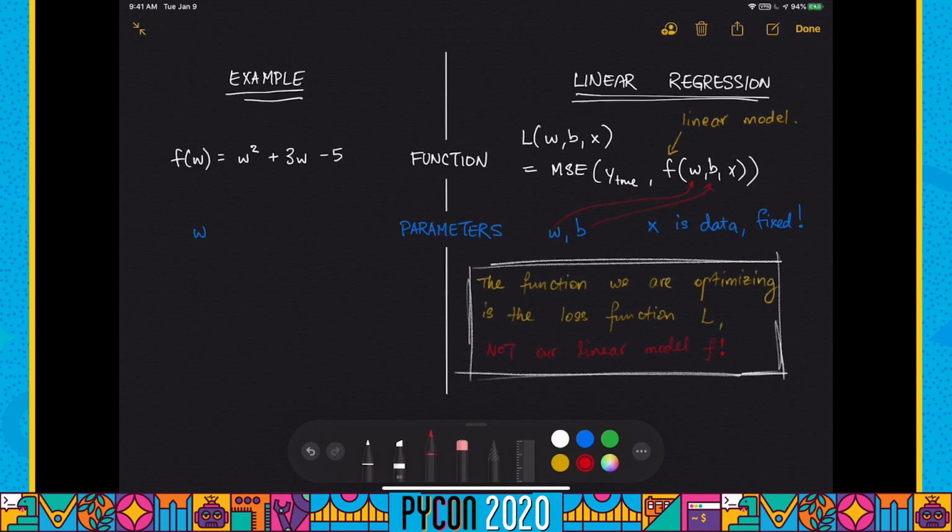We're optimizing the loss function, L, with respect to the linear model parameters w and b, but we're not optimizing the linear model function f. Okay? This is a point of confusion that others have had before, so I want to make sure that this is cleared out of the way. Feel free to pause the video at this point to ponder about it and convince yourself.